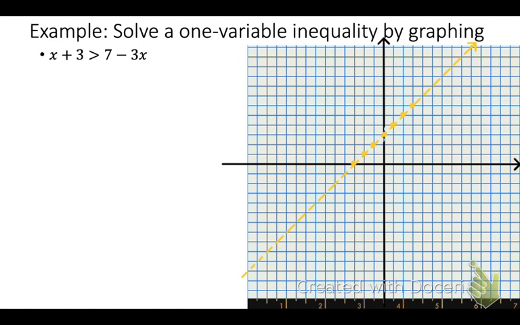So what's my y-intercept? 7. And my slope? -3/1. Down 3 over 1. So 1, 2, 3 over 1. 1, 2, 3 over 1.